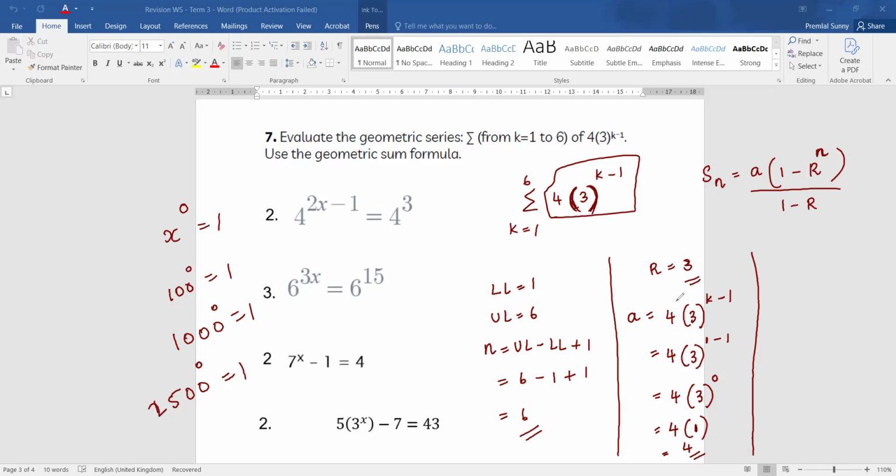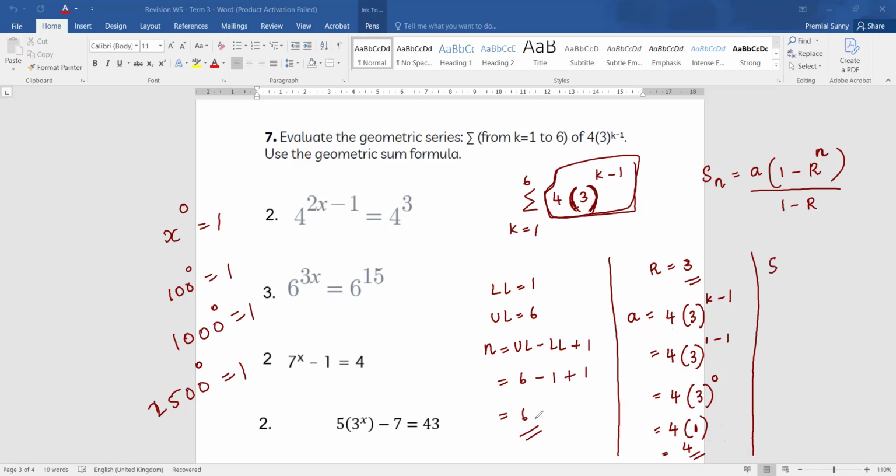That will be your r. A, just whatever is given, you write it here, 4 times 3 to the power of k minus 1. Now instead of the variable k, always substitute with the lower limit. Lower limit is 1. And put that in your calculator, you will get the a value.